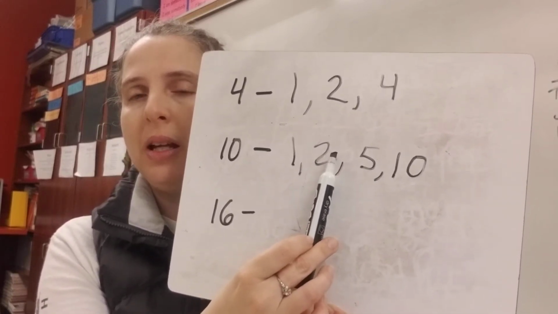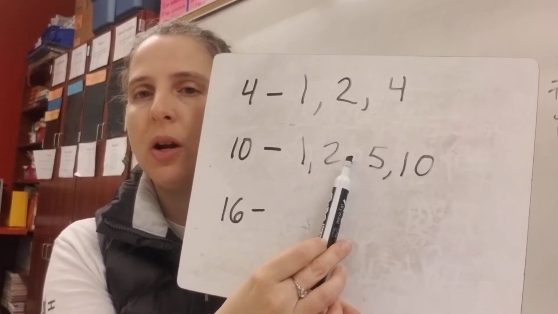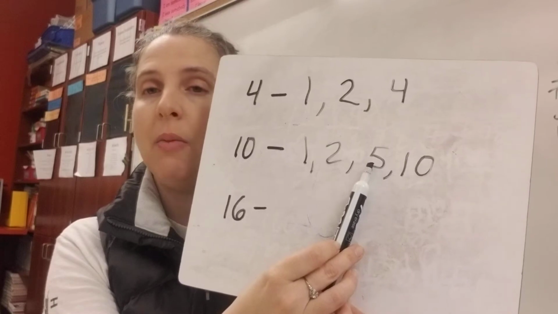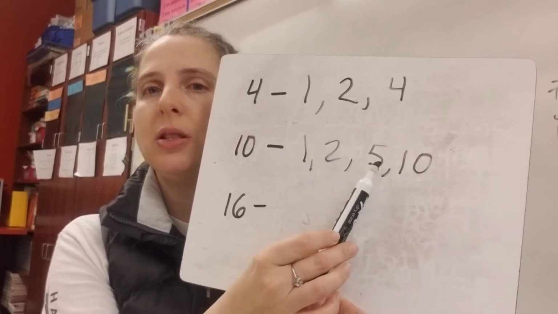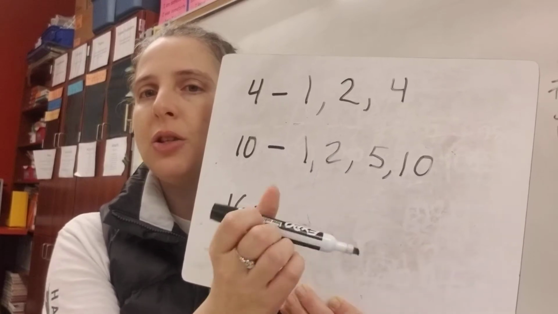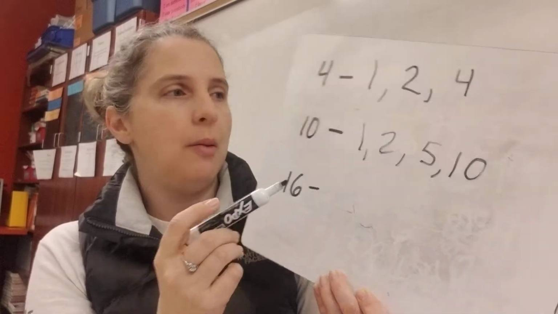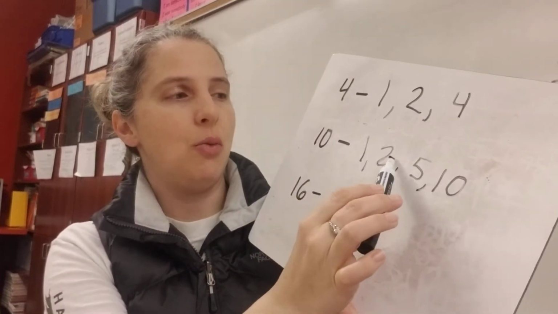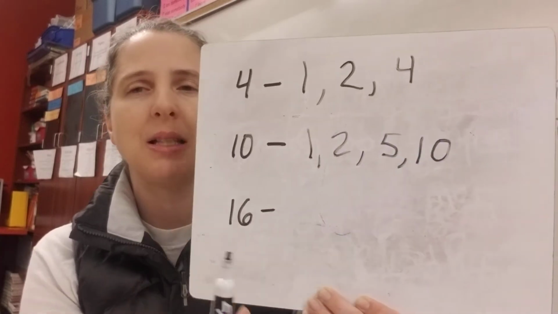So 3, anything times 3 equals 10? Nope. 4, anything times 4 equals 10? No. And then I'm at 5. I've got it. I know it won't be more than that because 2 times 5 equals 10. So there's no other number in between there that can be multiplied with the numbers that I have below it. That's kind of an odd way to explain it.